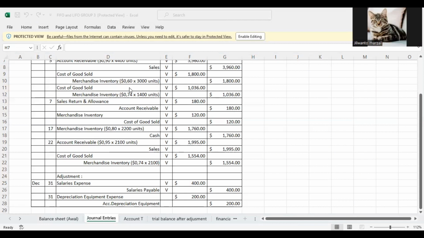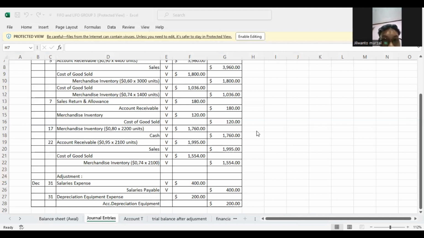Next is transaction number 7. On December 5, the company granted a customer $180 credit for 200 units of inventory returned, costing $120. These units were returned to inventory.